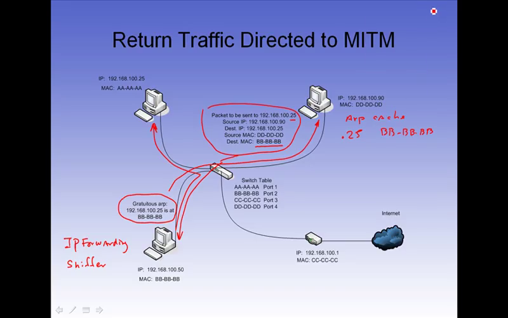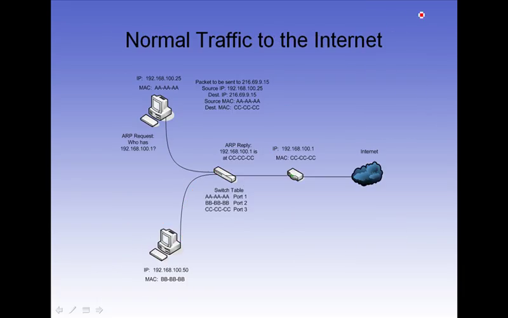Now, these examples have looked at traffic on the local network. It's no harder to do it on traffic that's going out to the internet. So here we go again.